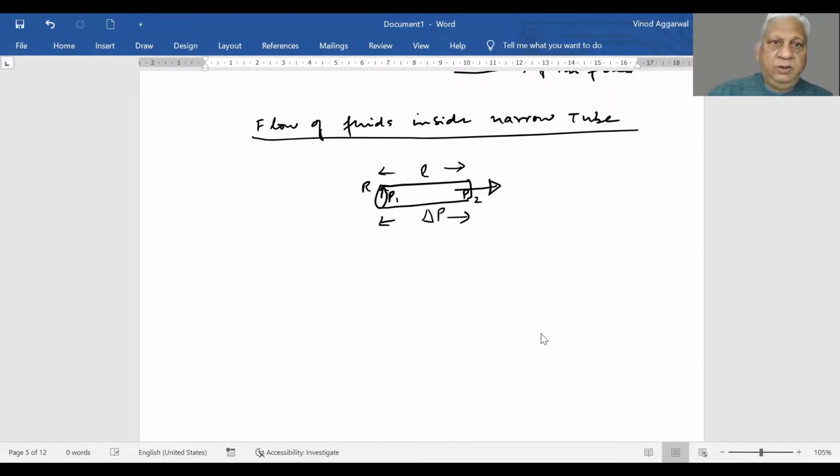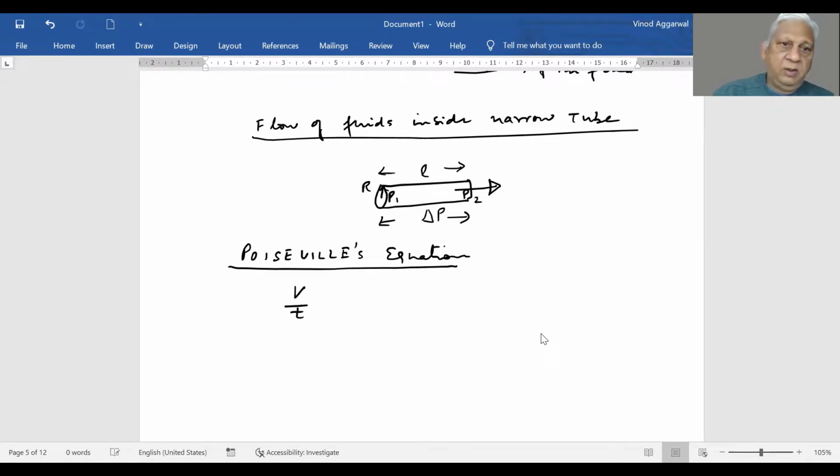So the rate of flow is governed by an equation called Poiseuille's equation, which says V by T, the rate of volumetric flow inside a narrow tube, is given as this.